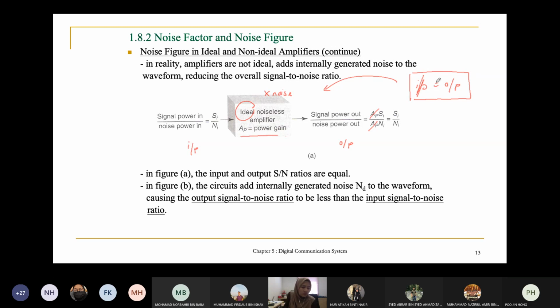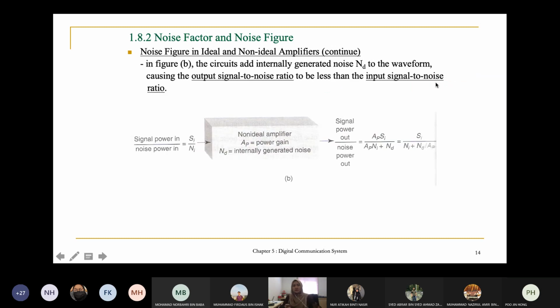So what happens if you have a non-ideal amplifier? This one is a non-ideal amplifier. Non-ideal amplifier means that there is an internal noise inside the amplifier.